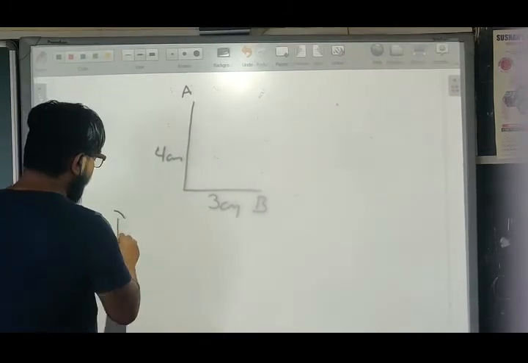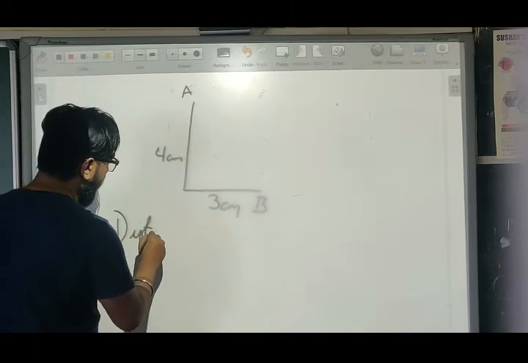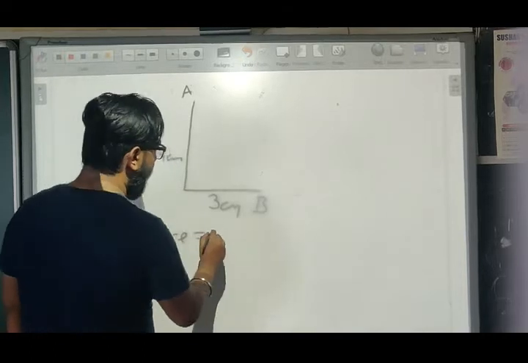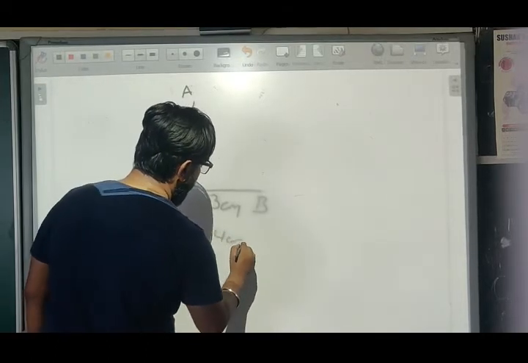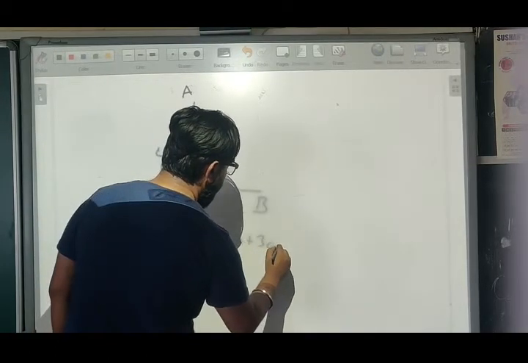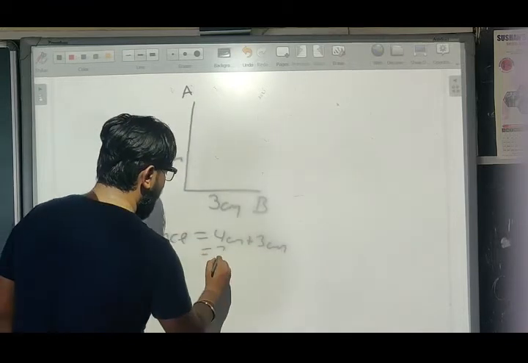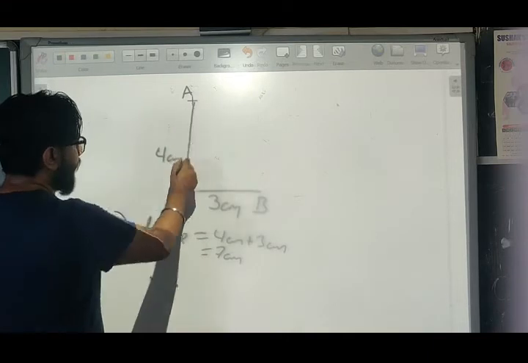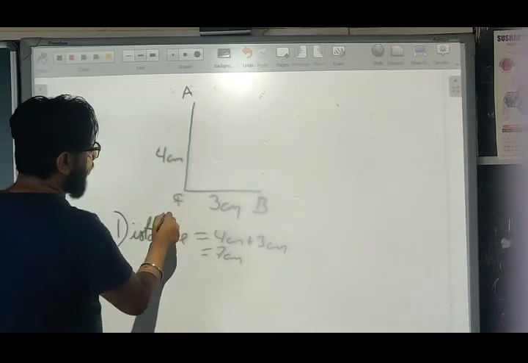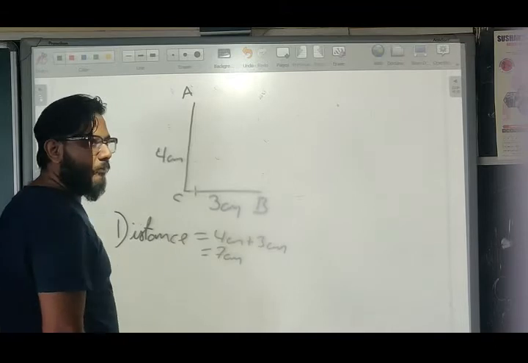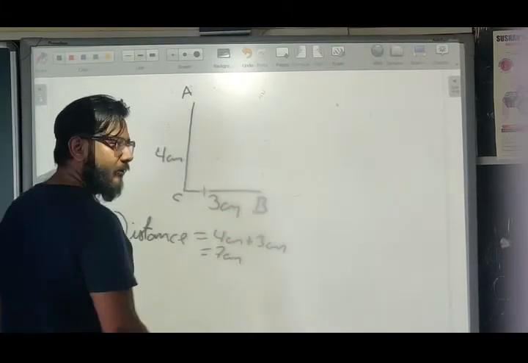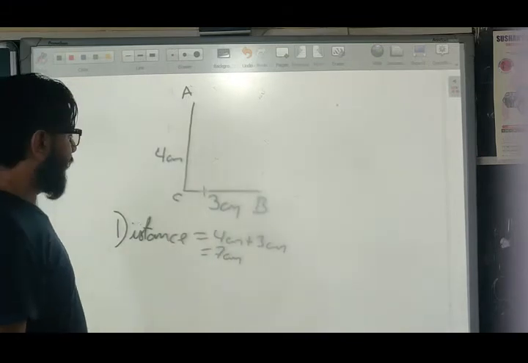So the distance the boy traveled is going to be 4 centimeter plus 3 centimeter, which is 7 centimeter. What he did was he walked down this path, went to that point C, and then he went to B. So he covered this whole length. That is the distance.